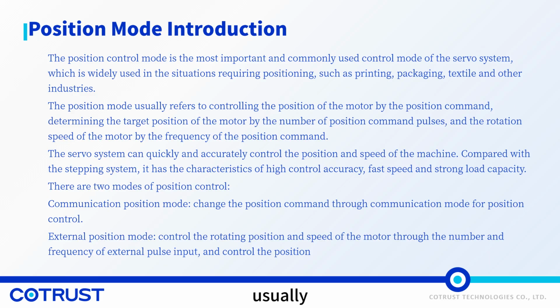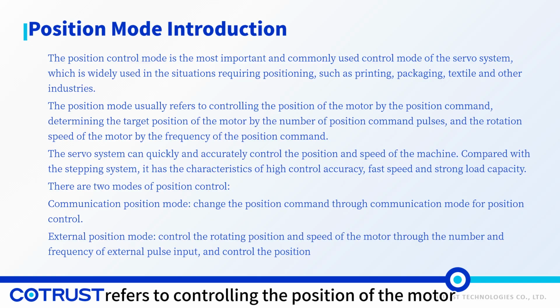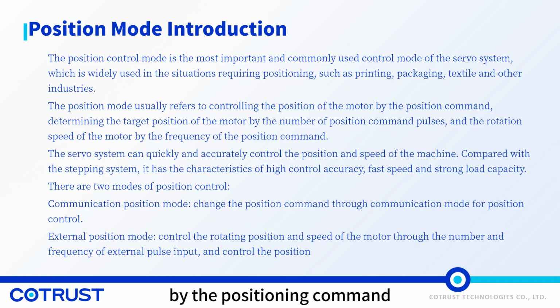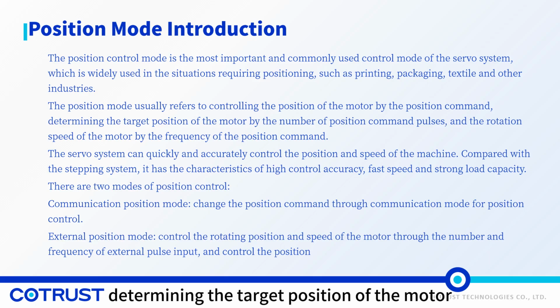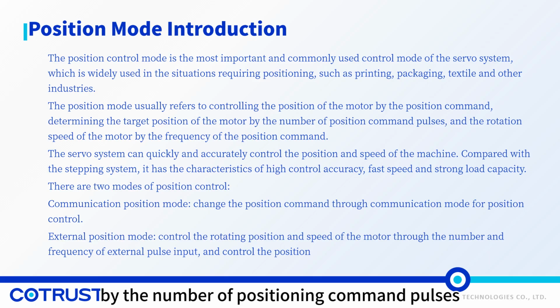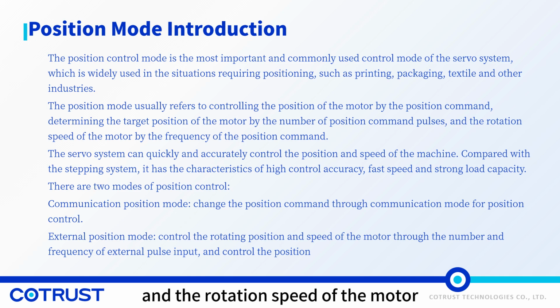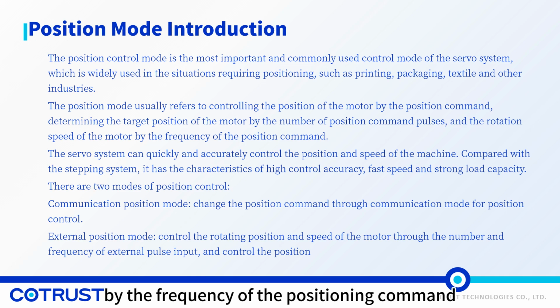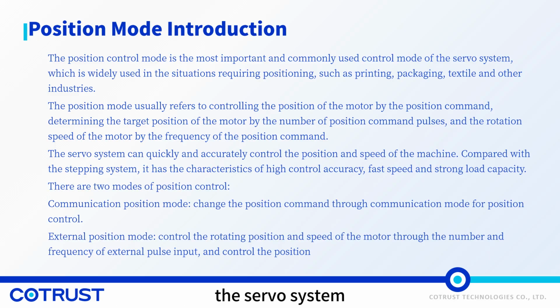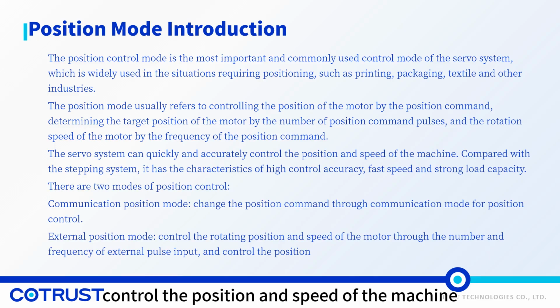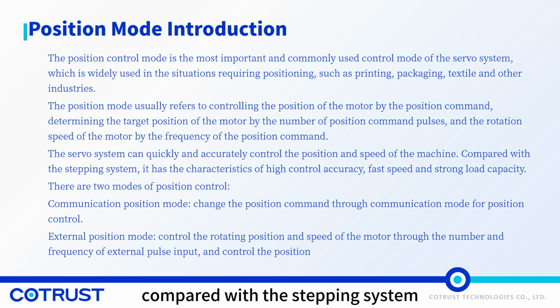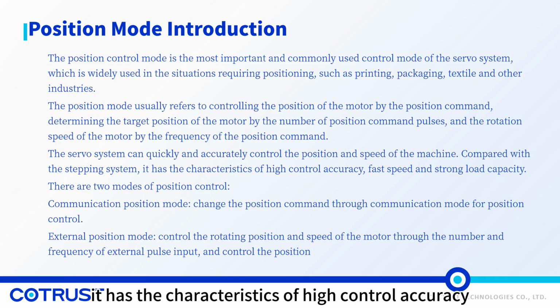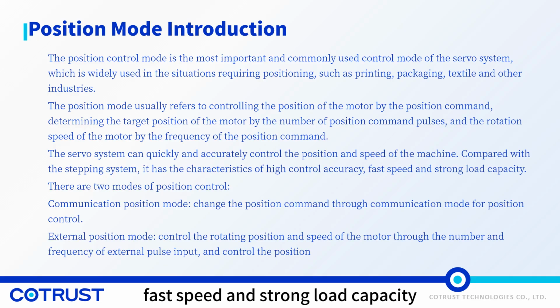The positioning mode usually refers to controlling the position of the motor by the positioning command, determining the target position of the motor by the number of positioning command pulses, and the rotation speed of the motor by the frequency of the positioning command. The servo system can quickly and accurately control the position and speed of the machine. Compared with the stepping system, it has the characteristics of high control accuracy, fast speed, and strong load capacity.